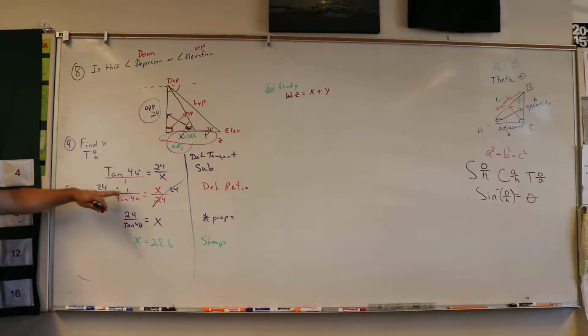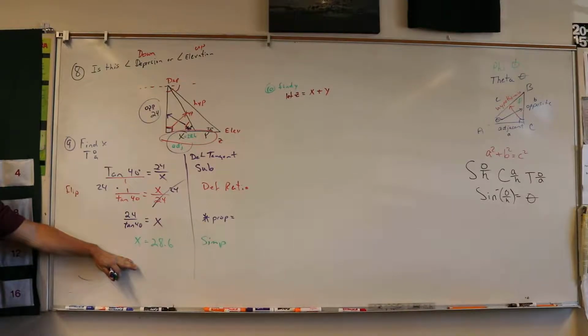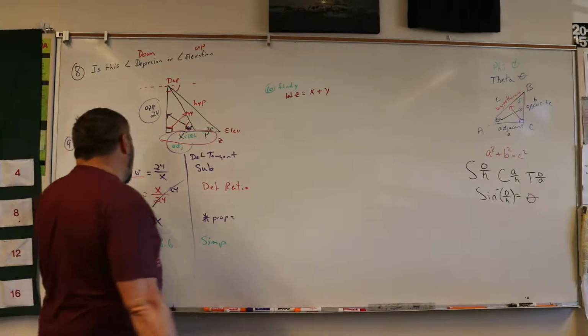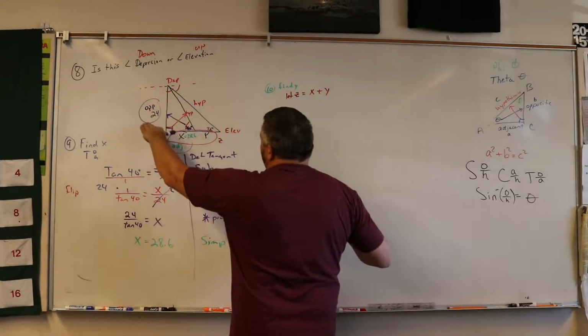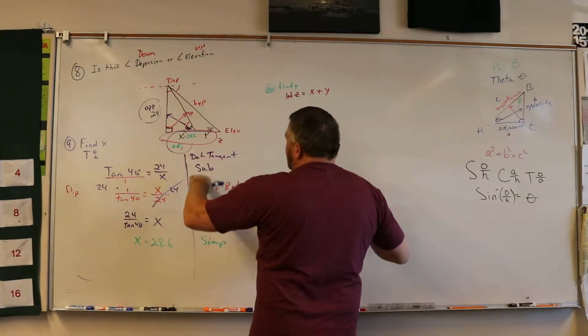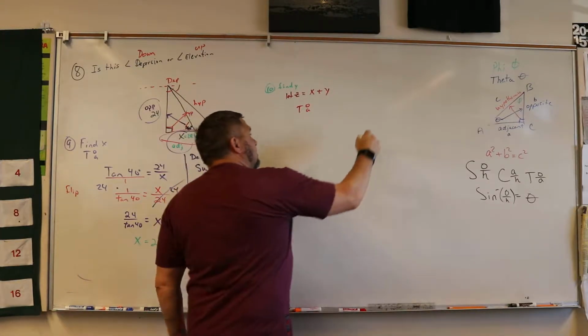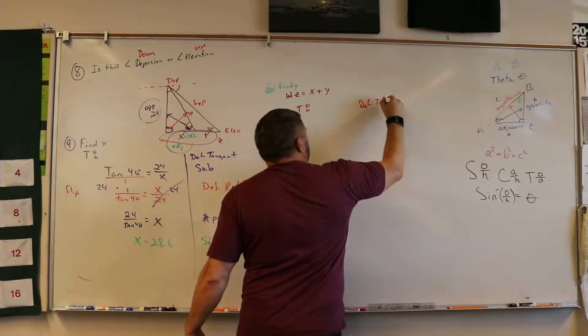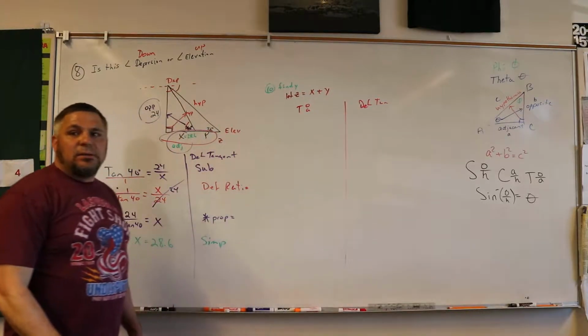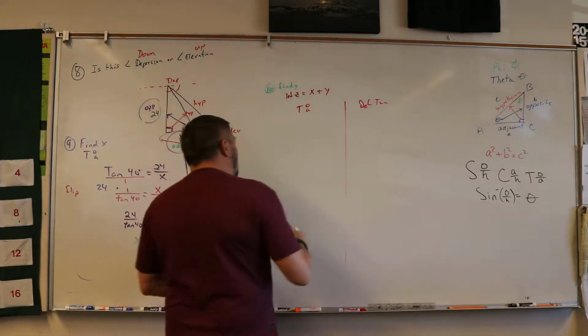And then I do it the same way I did this. The same way. I know when we were working with tangent, because I'm talking about opposite and adjacent. So I know that it's tangent. Definition of tangent. Okay? Tangent of what?